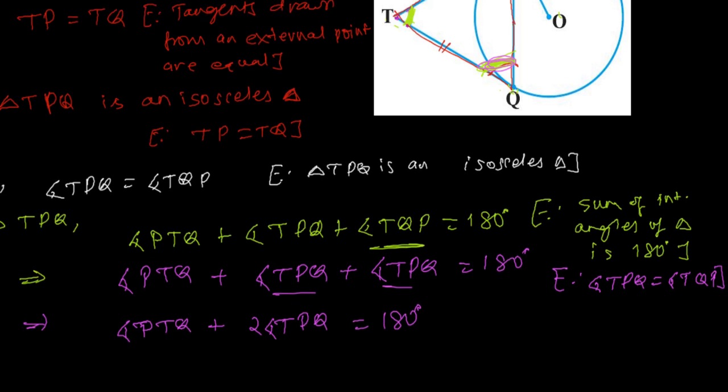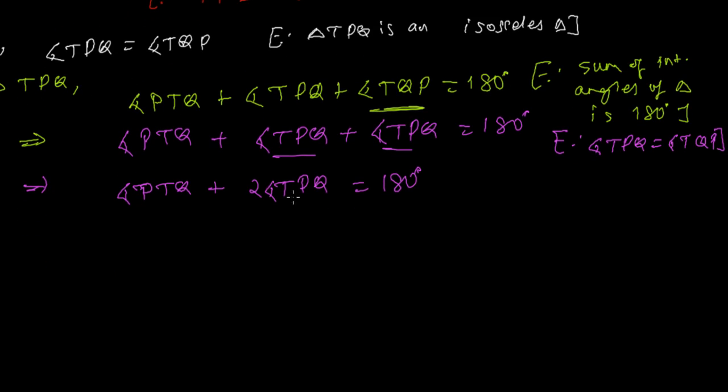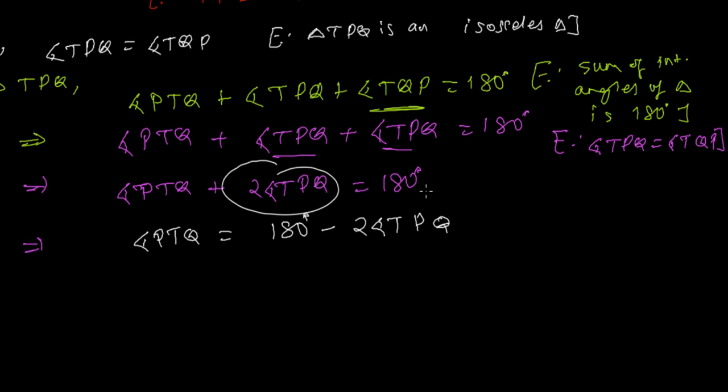You can jump the step, but if you get confused, that's why I'm trying to write each and every step. It's very short. Angle PTQ, now I can write 180 degree minus twice of angle TPQ. I just took this to the other side. That's it.